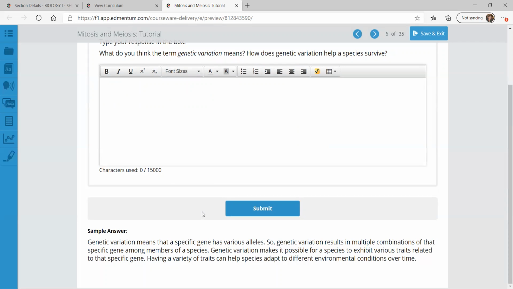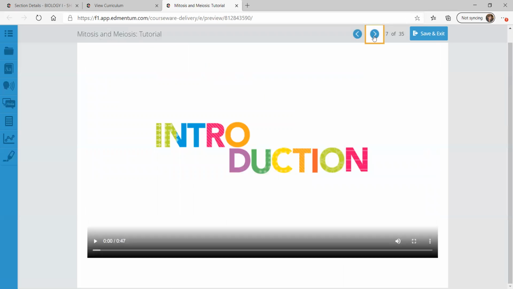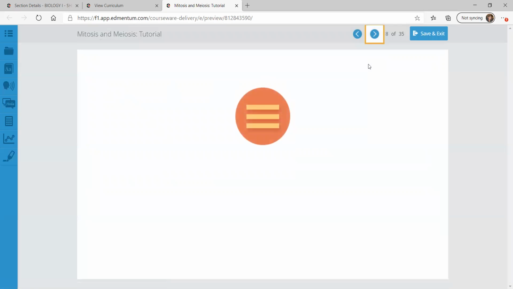So gene variation means a species can have different versions of the same gene, and it can test out which ones are better suited for certain environments. And then those will be more likely to be passed on. So let's get into the actual lesson now, starting with the types of reproduction.